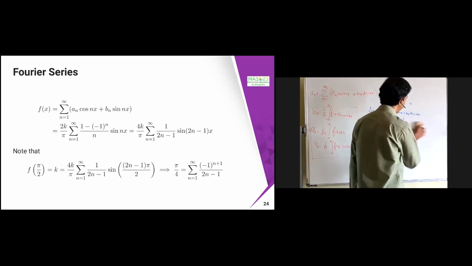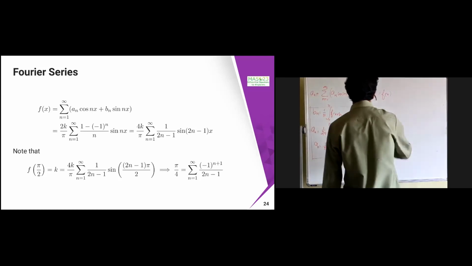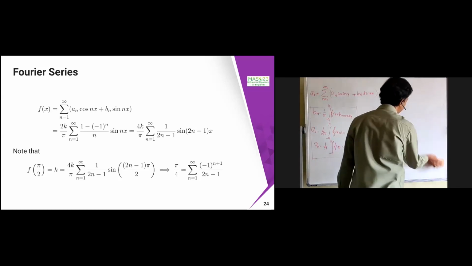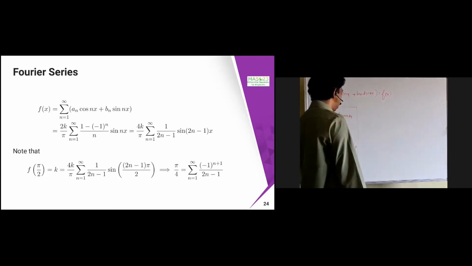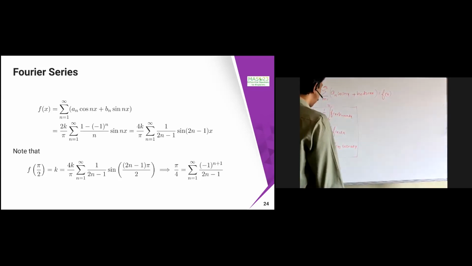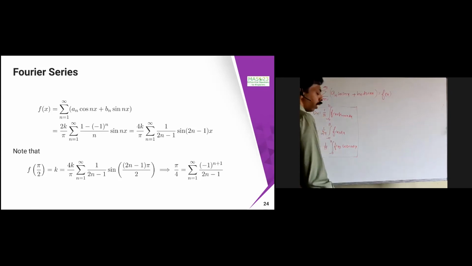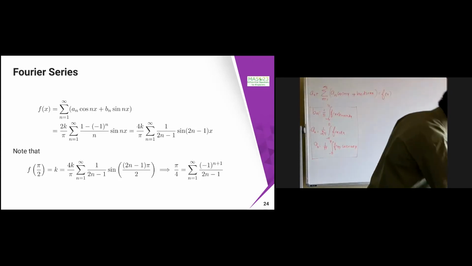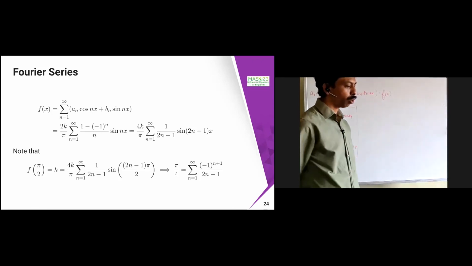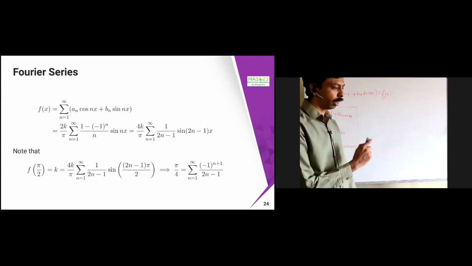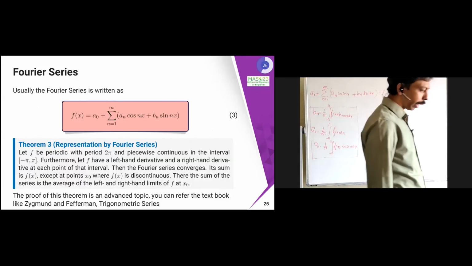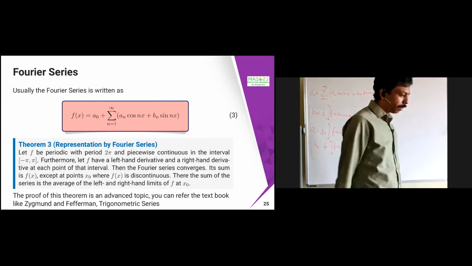There are other series, like the tan x series or tan inverse series, you can use to find the values. So this is the way computers are calculating the values of pi many times, using the series representation. So this is another important, interesting property which you obtain from Fourier series.